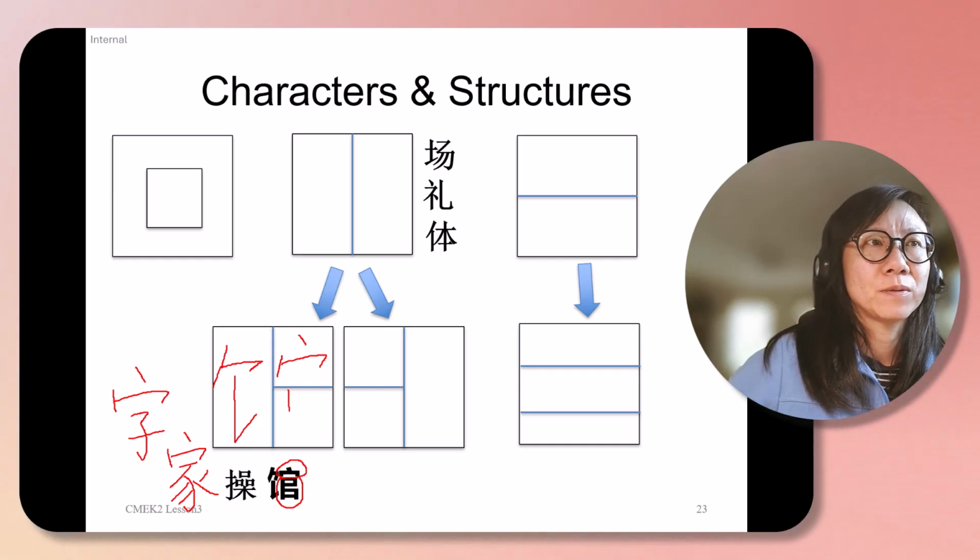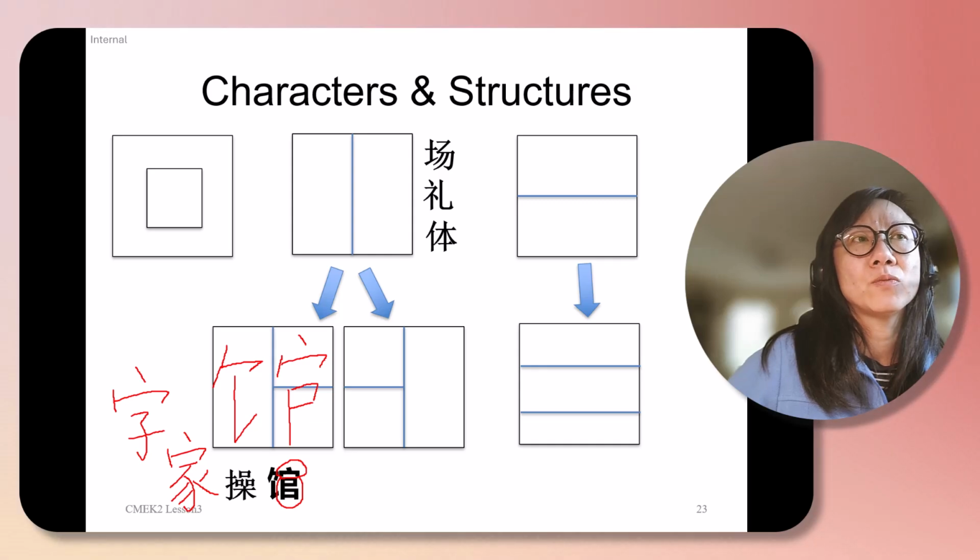So we go 竖, right? And because these are 2 boxes, we still follow half of the box rule, right? So again, this is 1 stroke. We close it off here. Leave some room, and we start to write the second box. 横折. We can make the second one slightly bigger than the first one, and we close it.